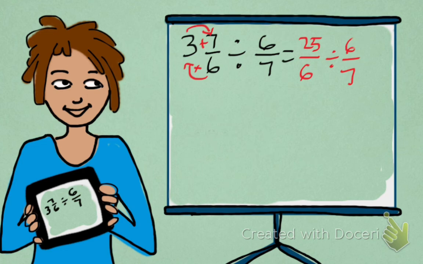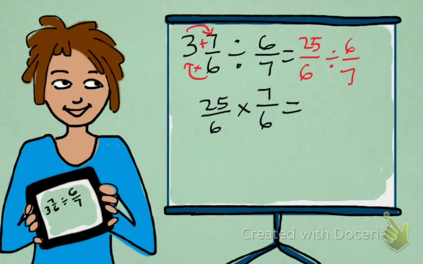Next, keep the first fraction, 25/6, and change the division sign into a multiplication sign and get the reciprocal of the next fraction. 6/7 becomes 7/6.